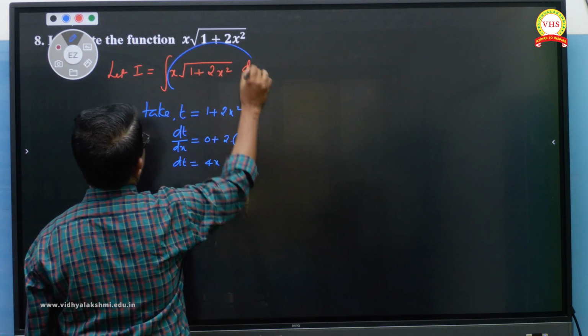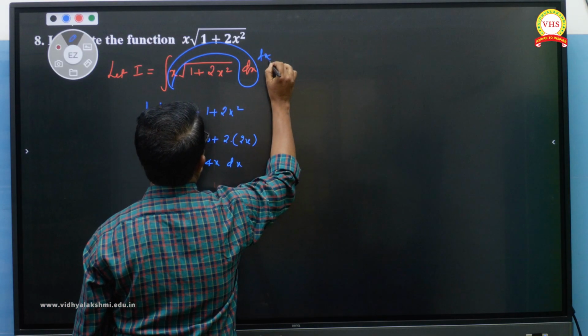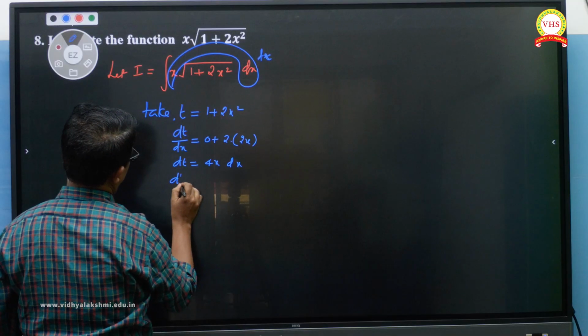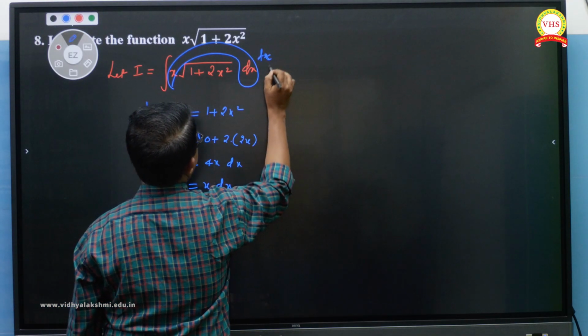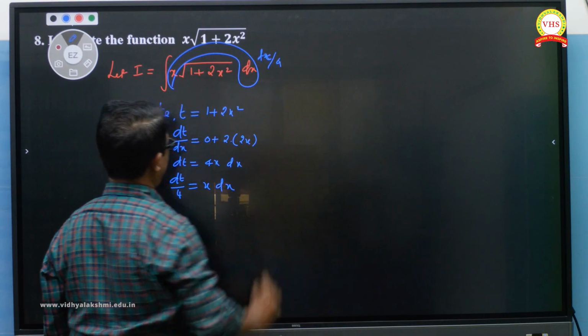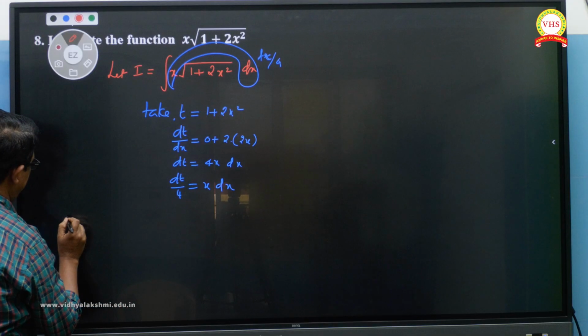Here we have only x into dx, so we have to take it in terms of t. It becomes dt by 4 equal to x into dx. Now what does the integration become?